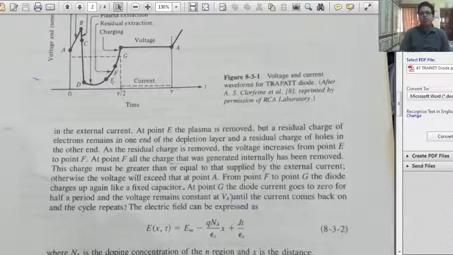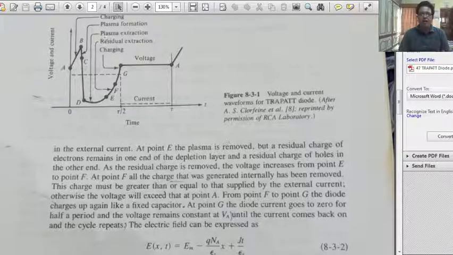But a residual charge of electrons remains in one end of the depletion layer, and a residual charge of holes in the other end. After point E, this residual charge remains.